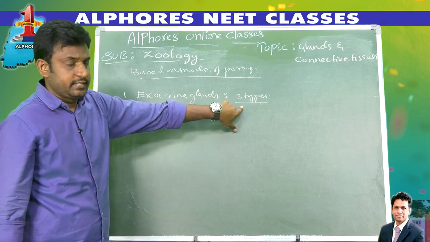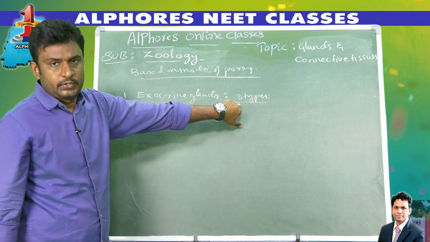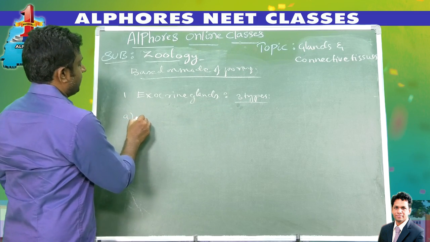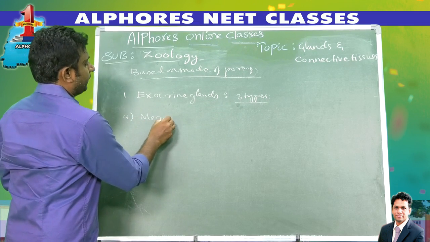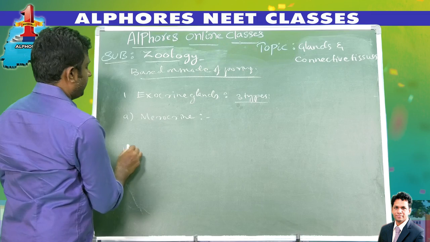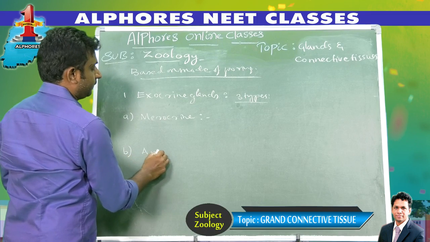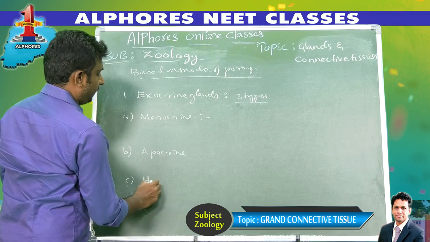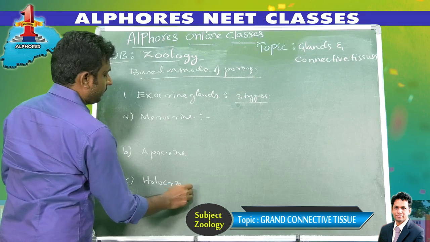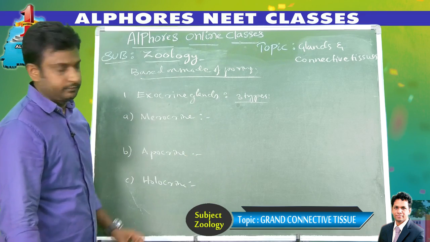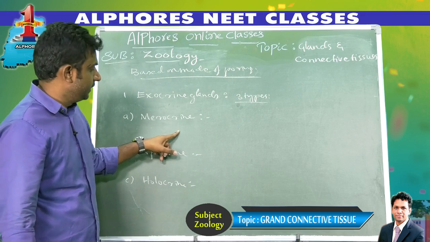The first one is merocrine, the second one is apocrine, and the third one is holocrine. Merocrine, apocrine, holocrine are the three types of glands.